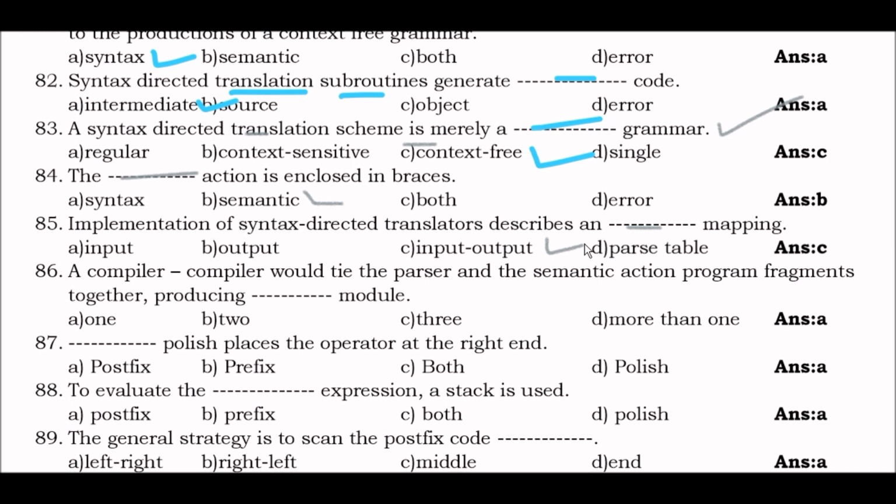A compiler would tie the parser and the semantic action program fragments together, producing blank space module. So right answer here is option A, 1.